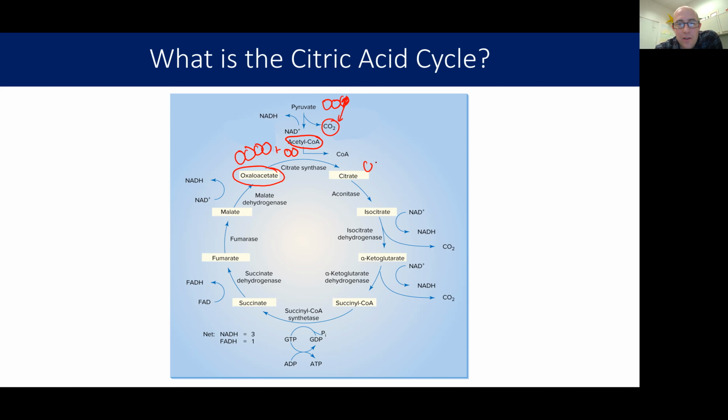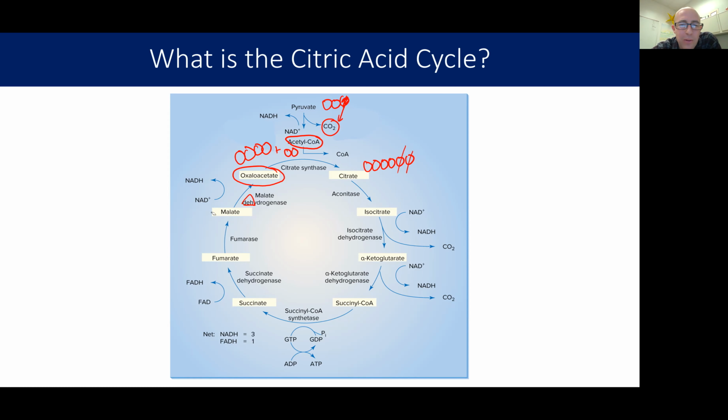So that becomes citrate, which is where the idea of citric acid comes from. So we've taken a 2-carbon acetyl-CoA and a 4-carbon oxaloacetate to make a citrate. And then through several steps, we're then going to just gradually rip off these extra carbons, the 6th one and the 5th one, and it'll eventually go back to being oxaloacetate to start the process over.